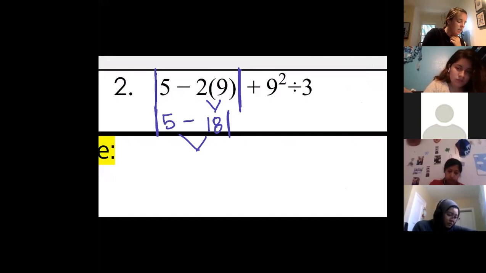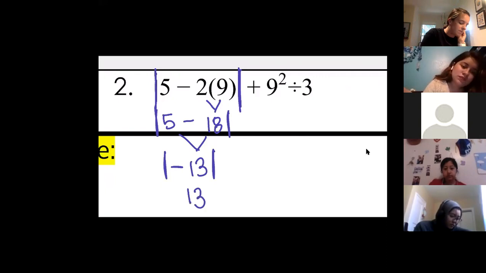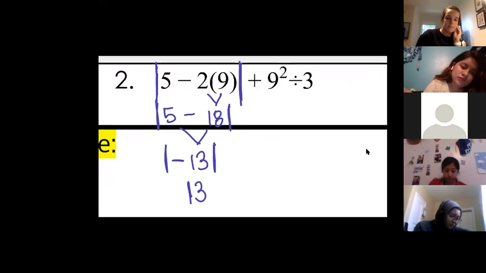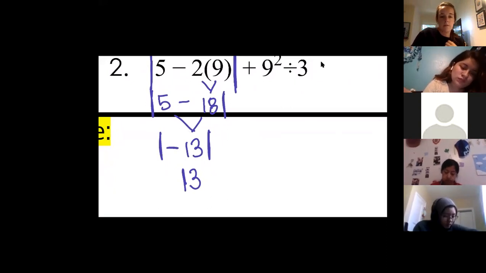Negative 13. Yeah, but what kind of 13? Negative. So we have negative 13, but it's inside those absolute value bars. So absolute value turns into a positive. So that would be positive 13. So all of that is positive 13.